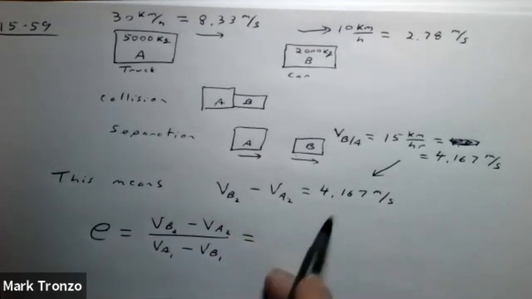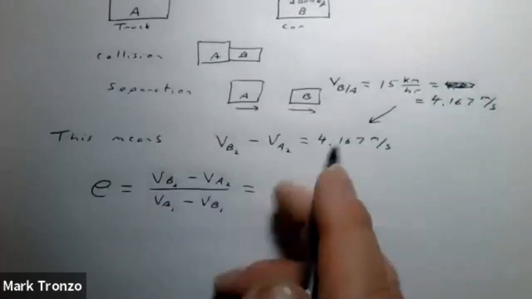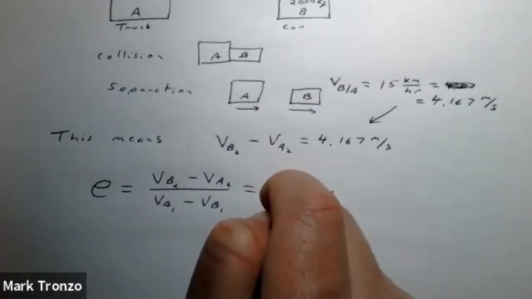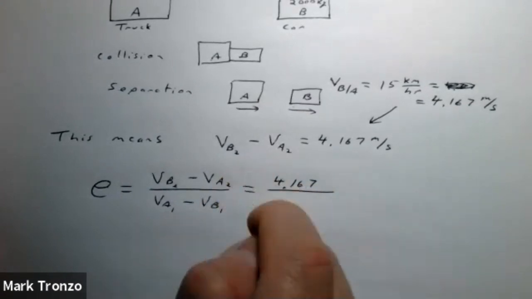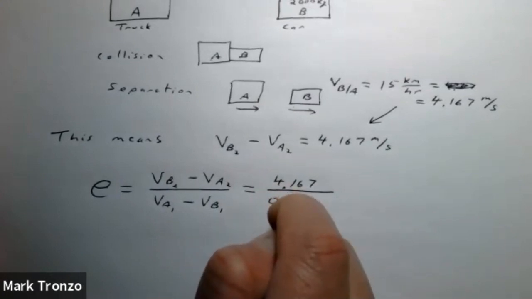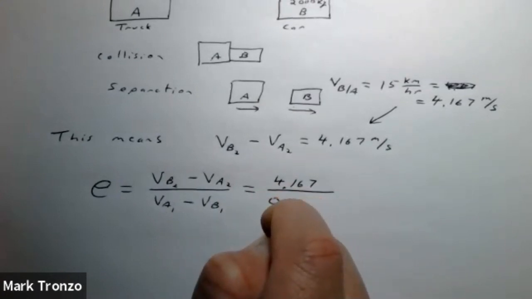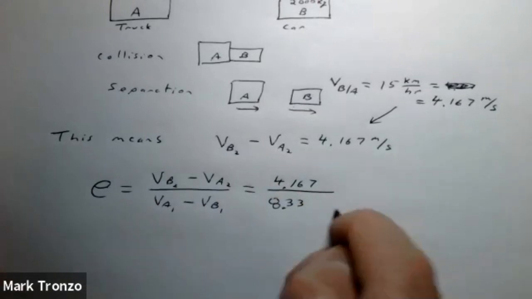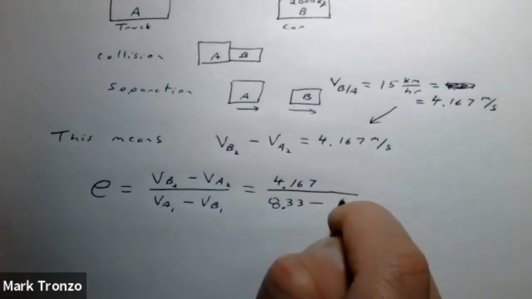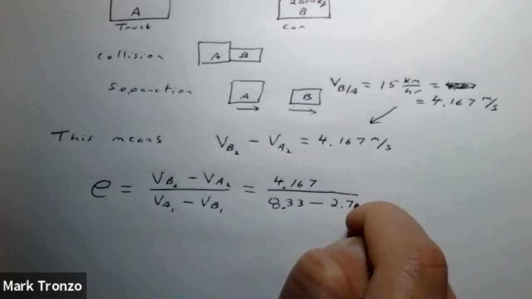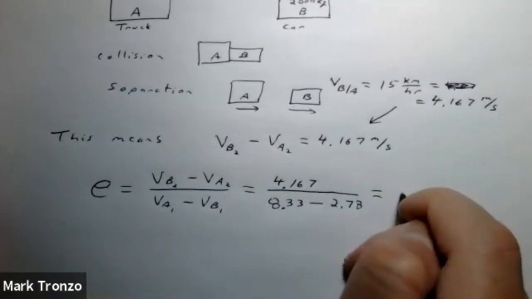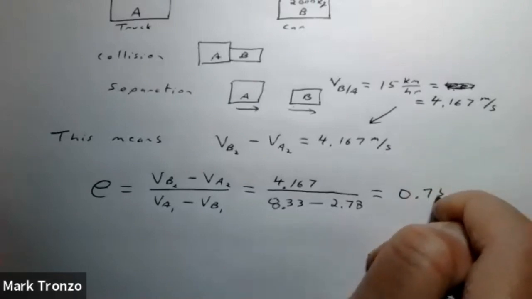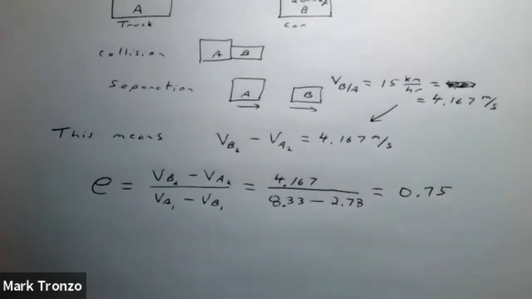We know the numerator, 4.167. The velocity of A before impact is 8.33, and the velocity of B before impact was 2.78. And this is 0.75. So that's our coefficient of restitution.